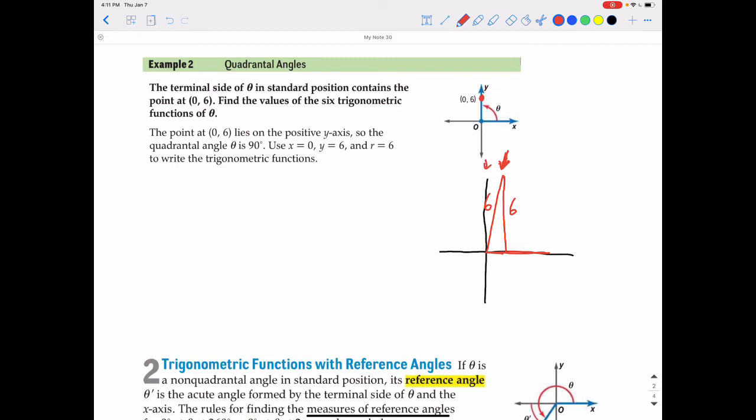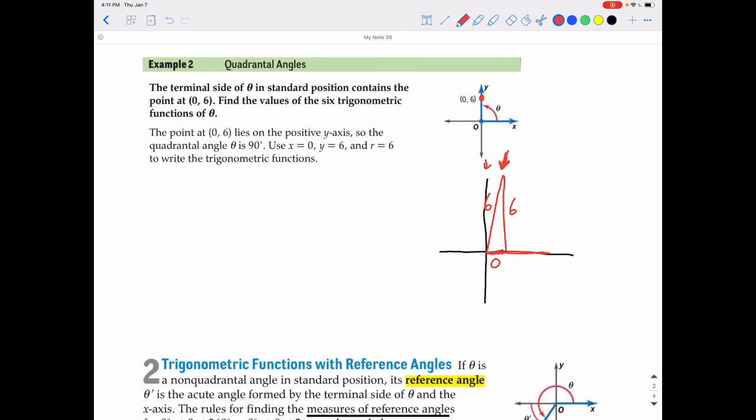Now, since I had to slide this line right here out slightly, the length of this side down here at the bottom, we're going to say the length of that side is going to be 0. Because again, remember that this terminal side was right on top of the axis, which means that there would be no measurement here on the bottom side.